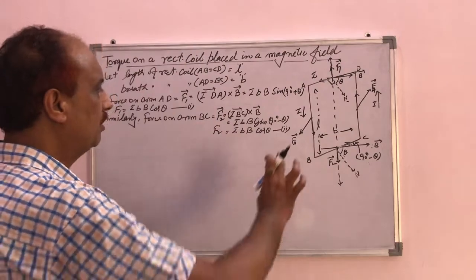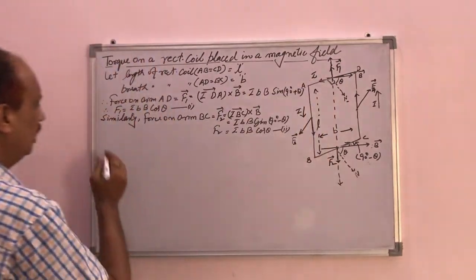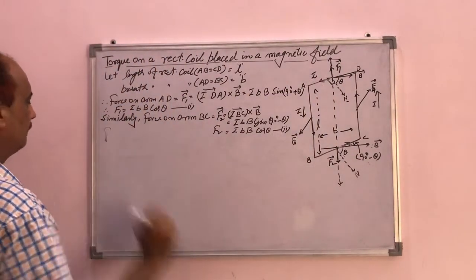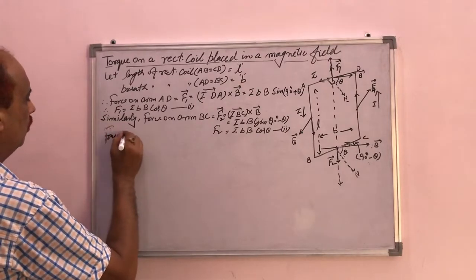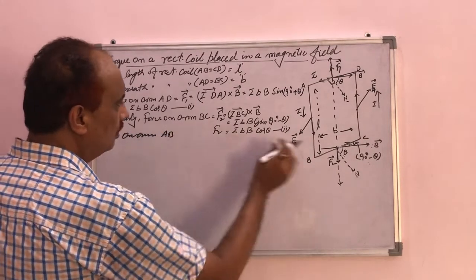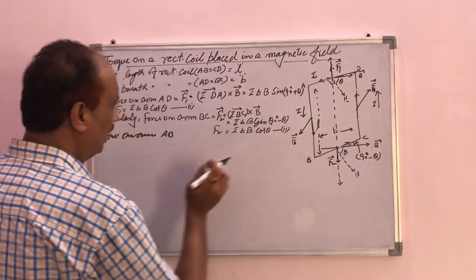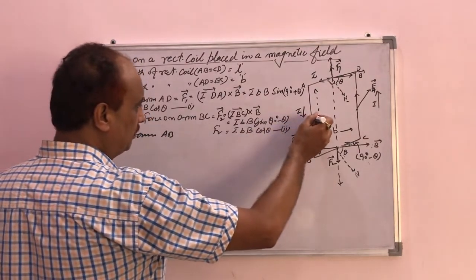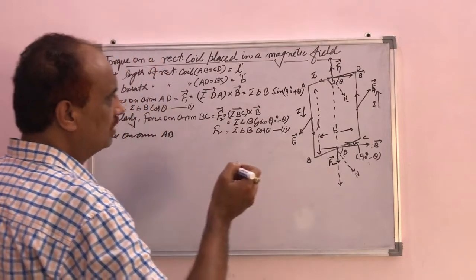Now we have to find the force acting on the arm AB. We consider a force F3 acting perpendicular to the plane of the paper in the outward direction.